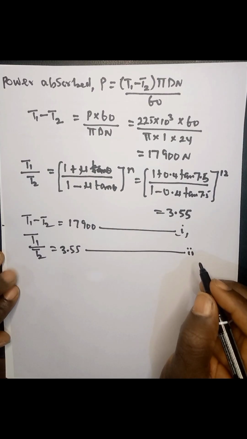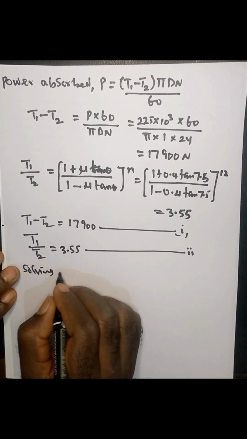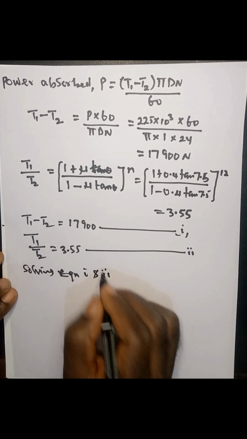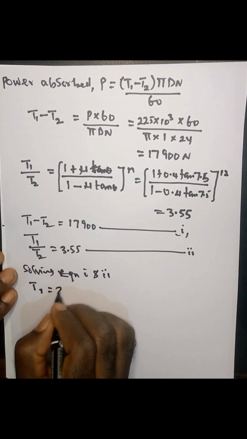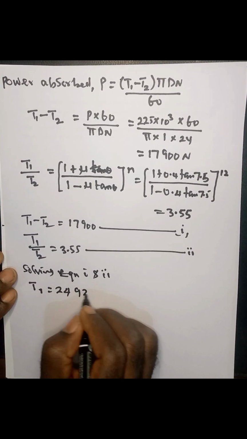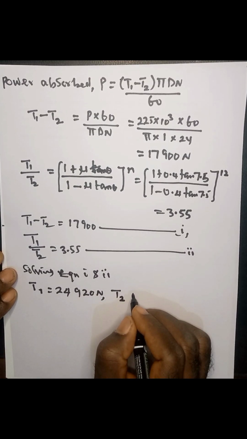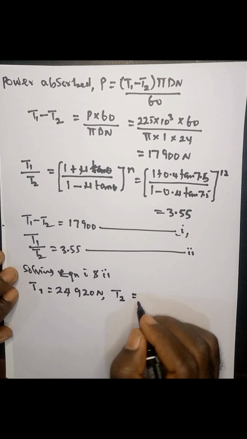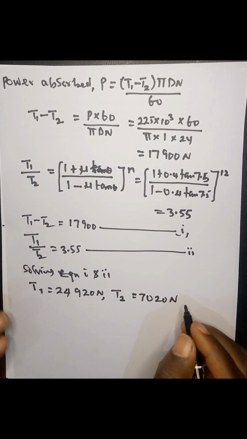So when we solve equations 1 and 2, we are going to have T1 equal to 24,920 Newton, and T2 equal to 7,020 Newton.